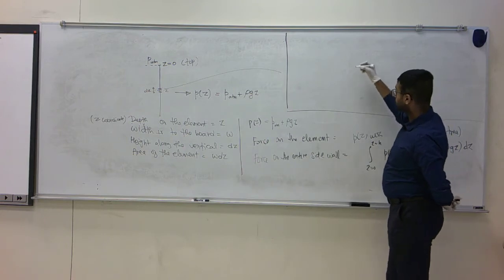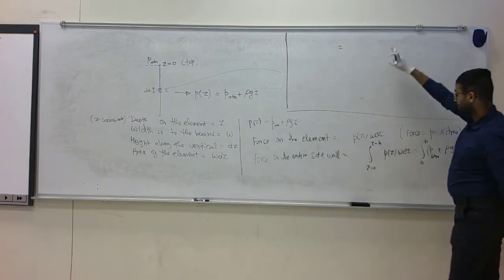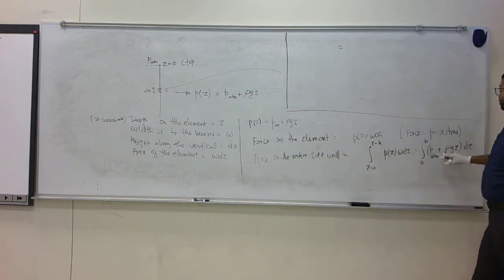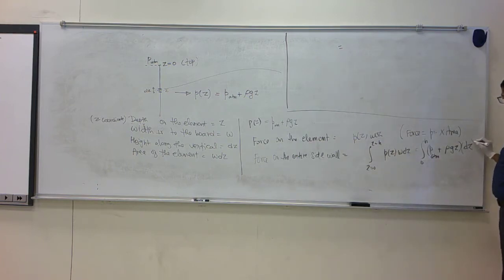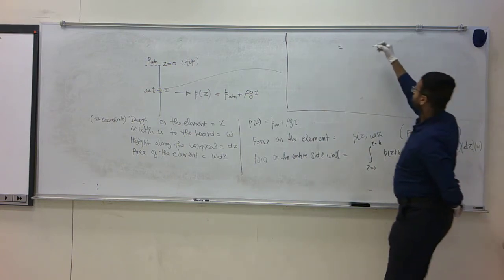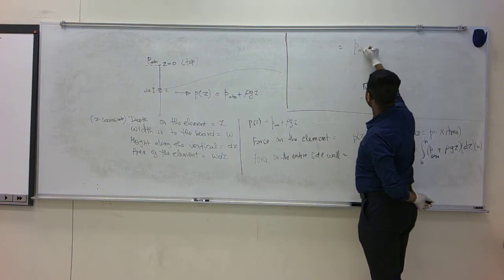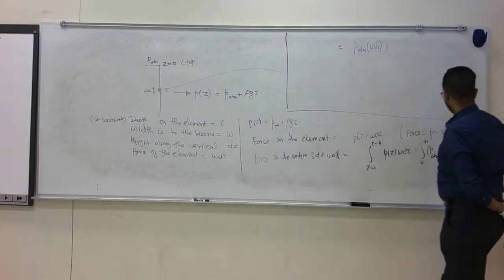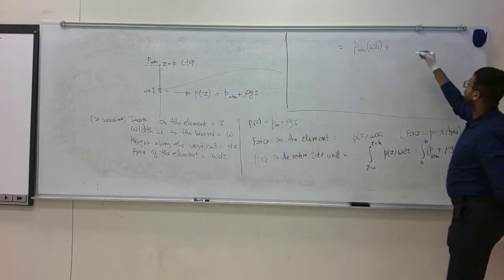So I have the force on the side wall. I'm continuing this up here. This is P atmosphere, I have to multiply by W. I left out a W here. So I have P atmosphere times W times H plus rho G W that can come out.